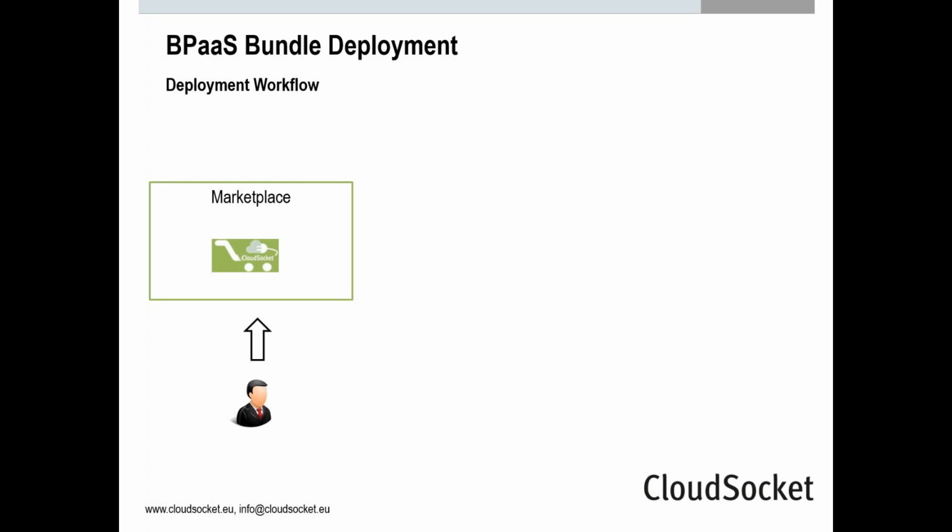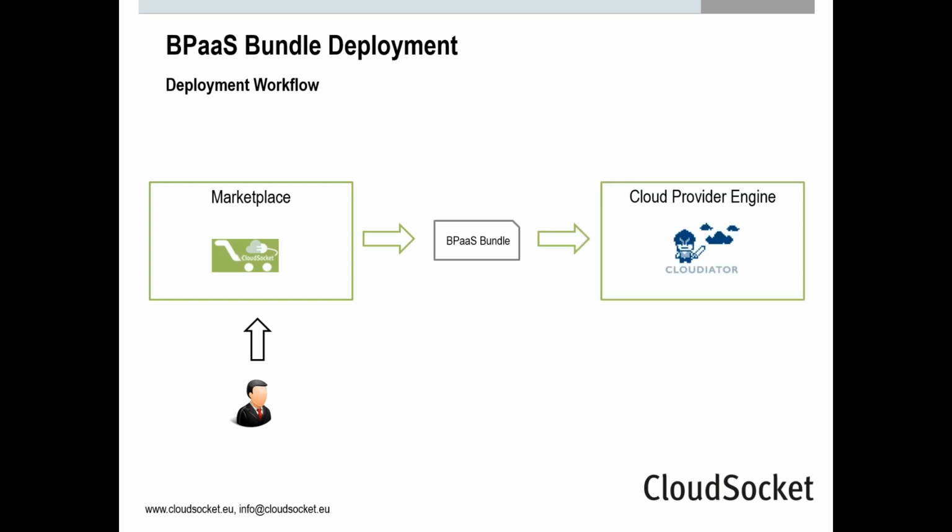So he can have a look at the marketplace, select an appropriate bundle, which can be purchased. In case of a purchase, the BPaaS bundle will be sent to the execution environment as first step to the cloud provider engine, which is in the following always named the Cloudiator framework.